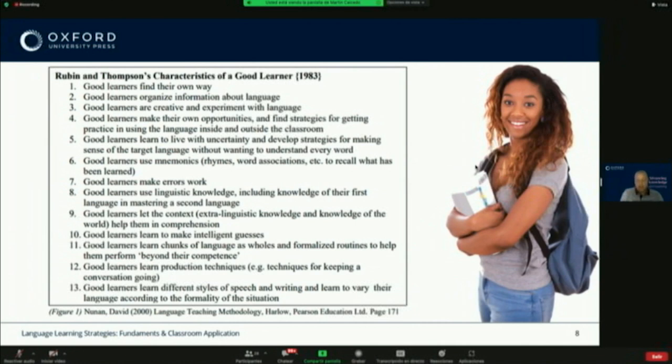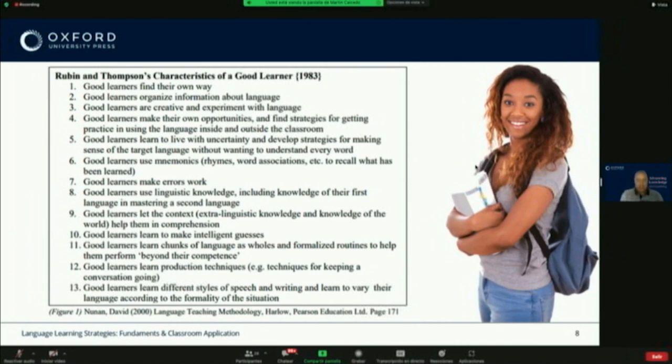These points have been identified from people who have been recognized as good language learners. So, one more time, think about yourselves when you were learning and think about your students. Who are those students who display one, two, or more of these characteristics?